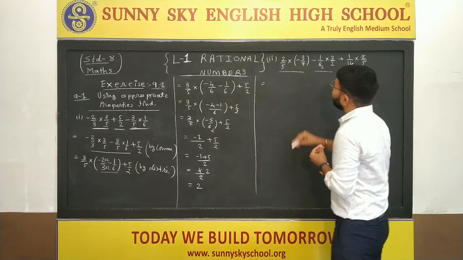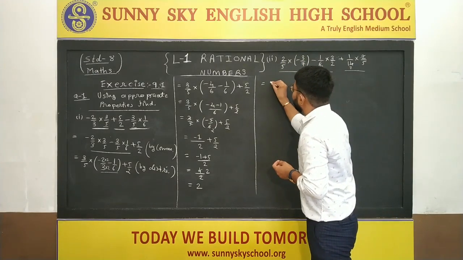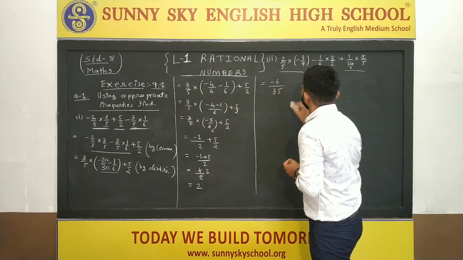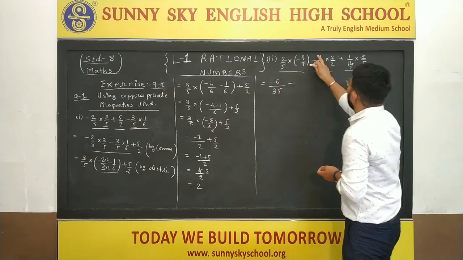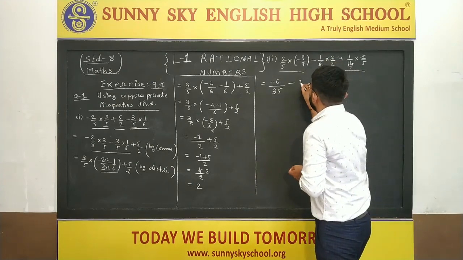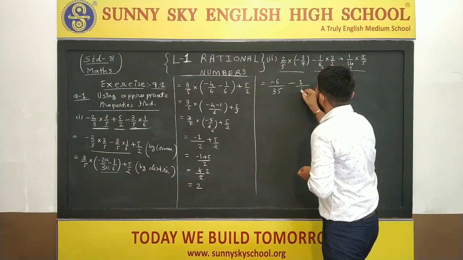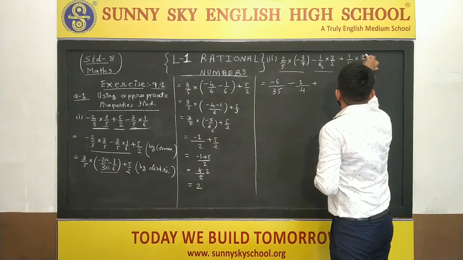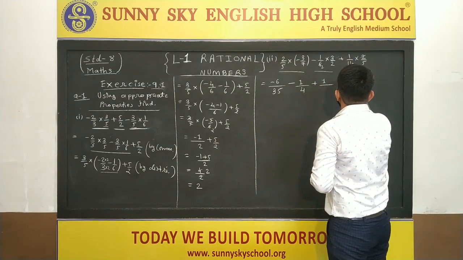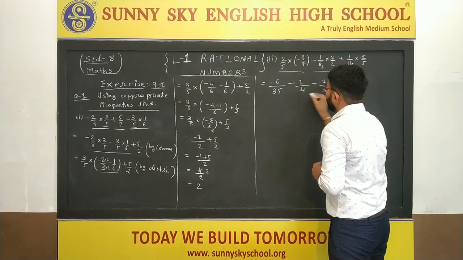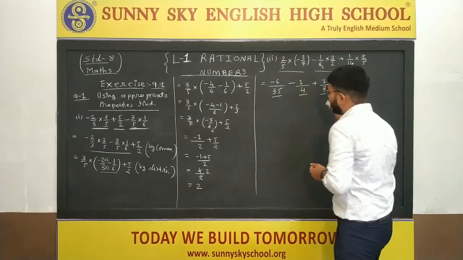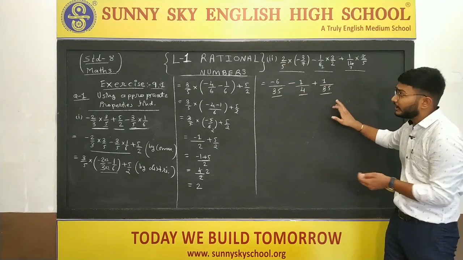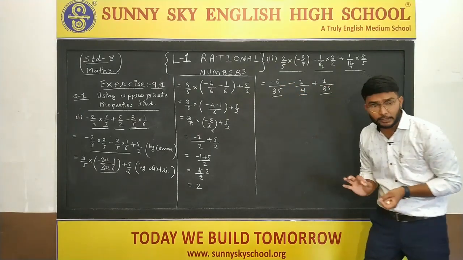Sorry, multiplication there. 3 2s are 6, it means minus 6 divided by 5 7s are 35, minus 1 divided by 2 2s are 4, and here plus 1 only, 1 divided by 7 5s are 35. Now you can see here also we have three numbers, but now minus 6 by 35 and 1 by 35, these both have the same denominator.